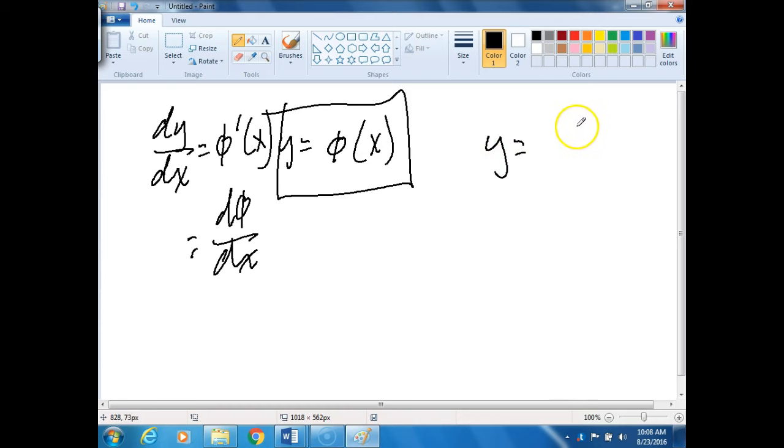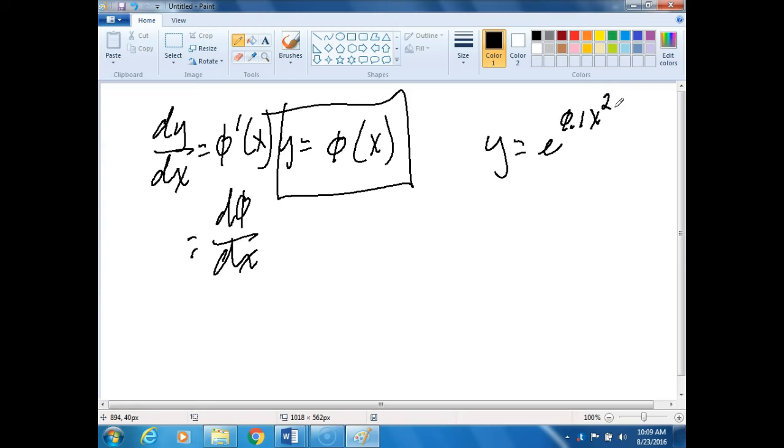Here's a specific function. y is equal to e to the 0.1 x squared. I can't read that, the exponent is so small I can hardly tell it. Now, number one, answer me this. Is that a differentiable function? Yeah, it is.